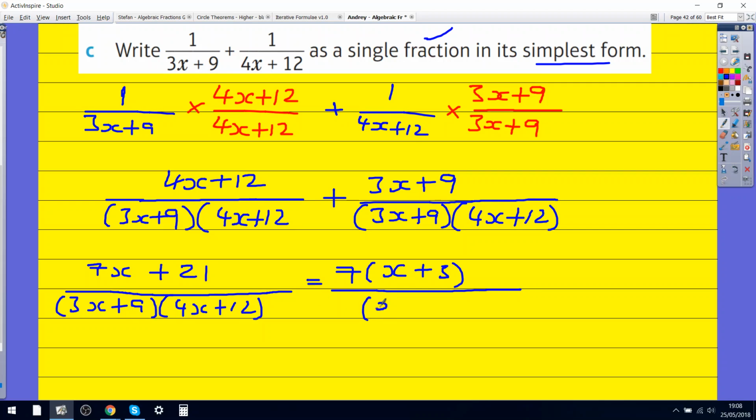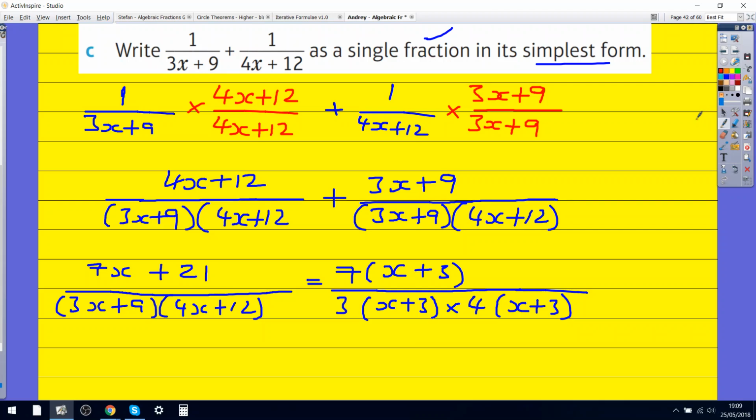And what's the common factor? 3. And so the two brackets are times each other. And what's the other one factorized? x plus 3. And outside the bracket? 4. Okay, so what can we simplify there?